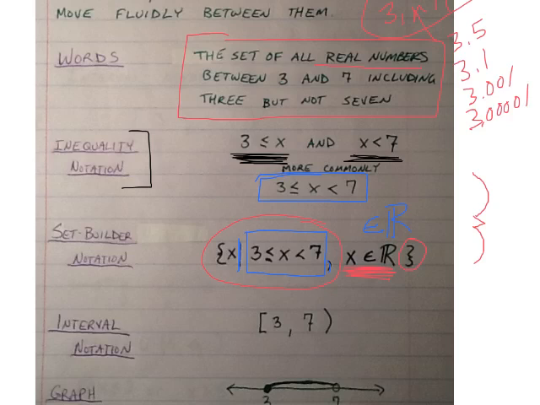A lot of times you'll hear me say hard bracket 3, comma, soft parentheses 7. Or the set from 3 to 7, including 3, excluding 7. This is by far the most common method for talking about sets, particularly for going into calculus. We use that form very often.